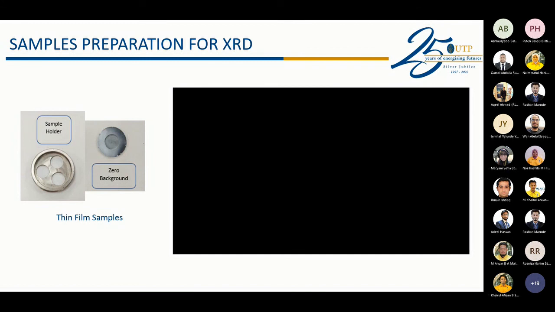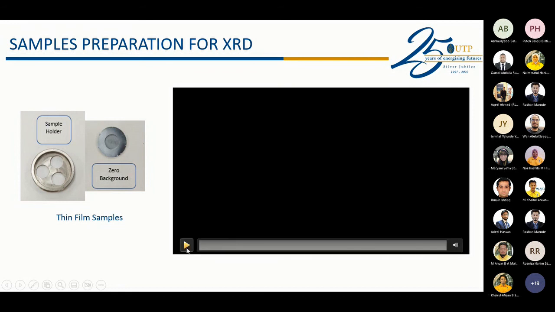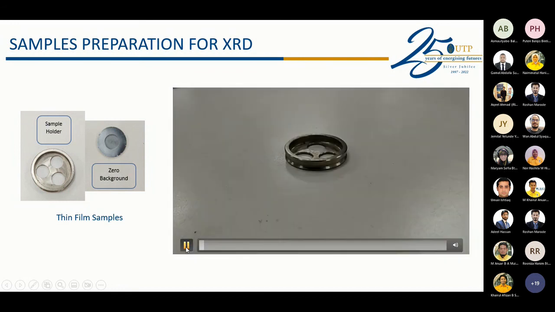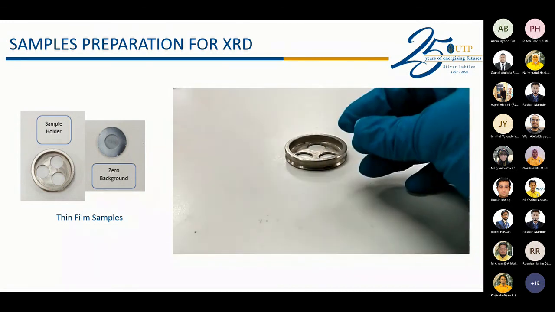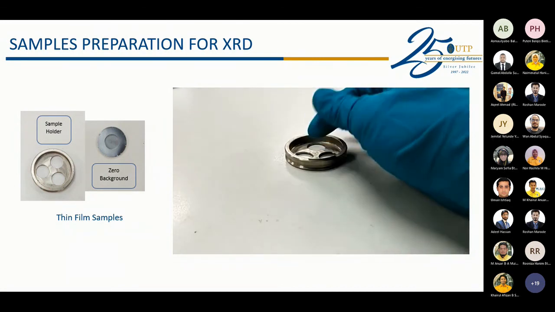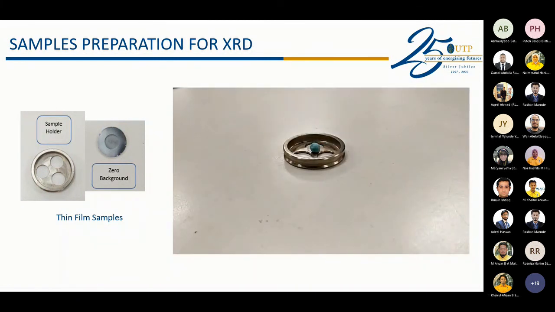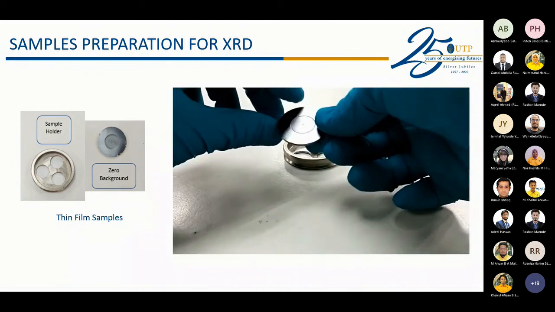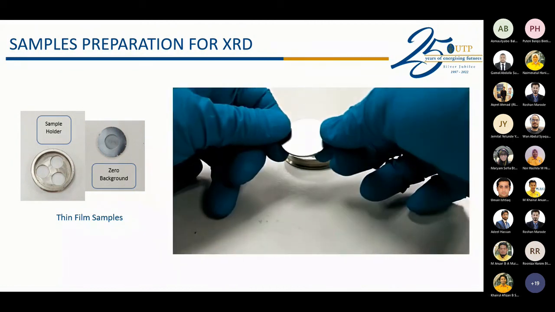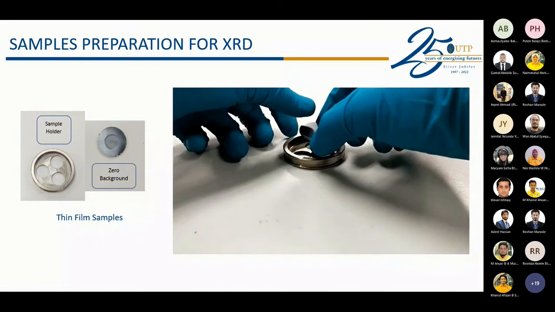For thin film samples, we still use the same sample holder, but we have to add on the zero background. Still the same procedure. Put a small piece of plasticine at the center of the sample holder. Then take the zero background plate and stick it to the plasticine with the flat surface facing up.